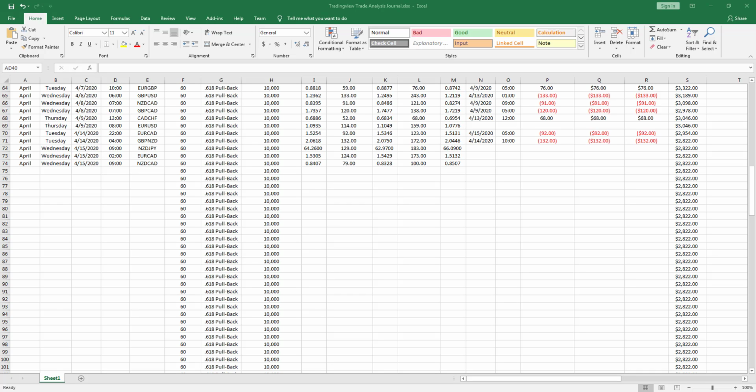Obviously you can see that you're losing because your account is getting smaller and smaller every single time. But if you don't journal the trade so that you can visually see it with your own eyes, then you're never going to have the perspective that's necessary in order to slap yourself in the head and say, hey, maybe I shouldn't be doing this. Or at least maybe I shouldn't be doing it in this way.